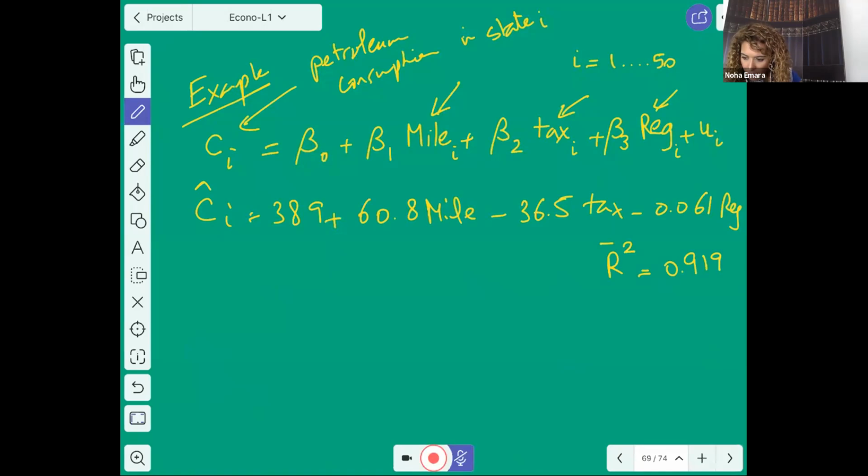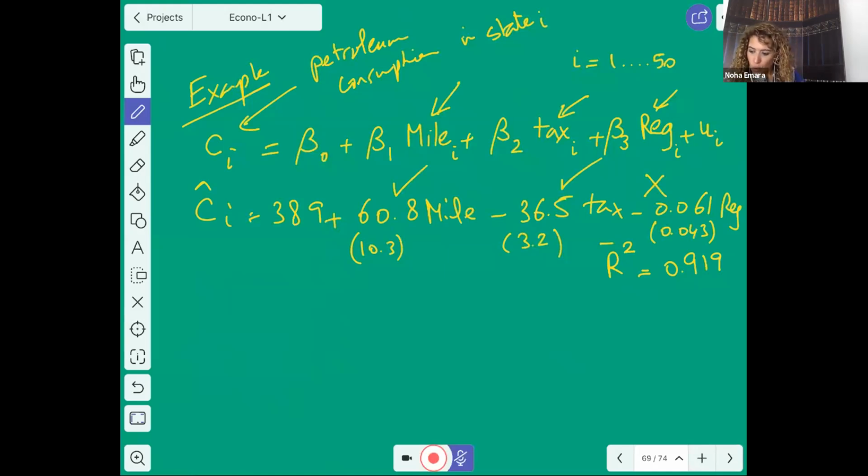The standard errors of the coefficients are 10.3, 3.2, and 0.043. When you check, this is statistically significant, this is not. Why is that? When you look at these variables, you really need to think about what each variable reflects.